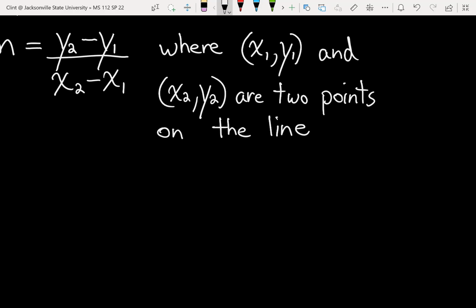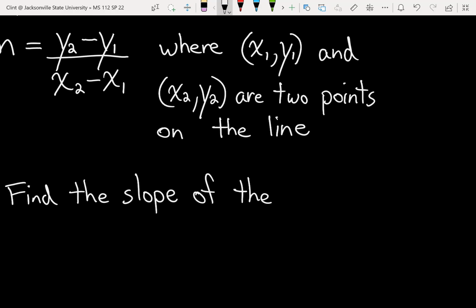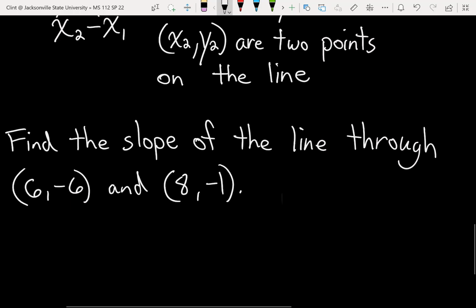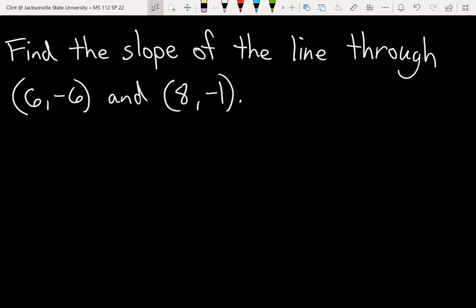So there's another slope for us to find.